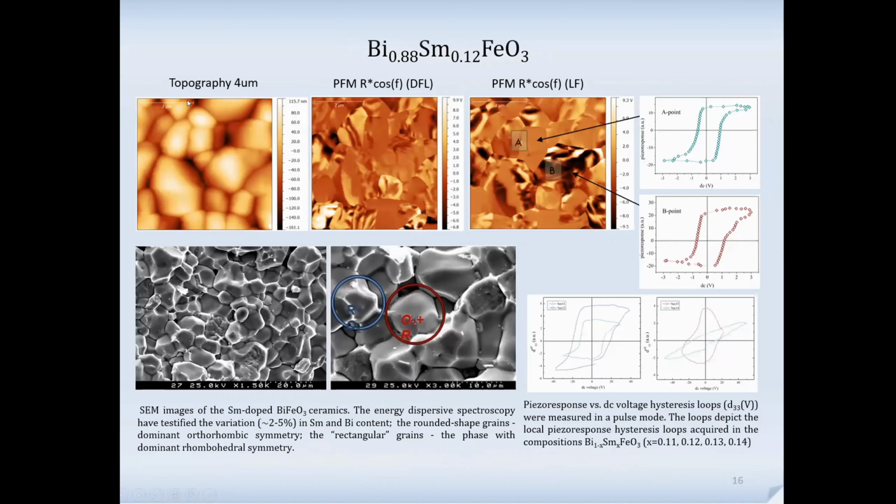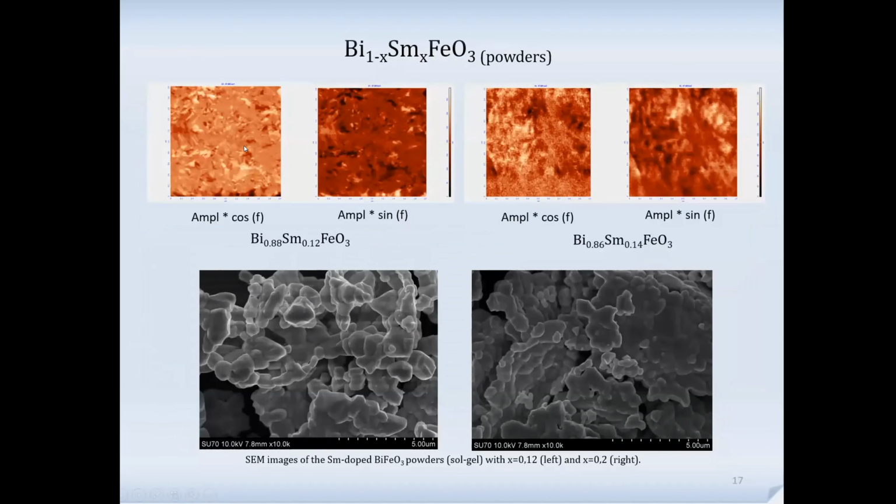This is a 2 micron bar here, and the whole scan is 5 microns, I guess. And here, the whole scan is 2 microns, and we have some blurred contrast. We cannot distinguish the grains and the domains. So this is either a problem of resolution.